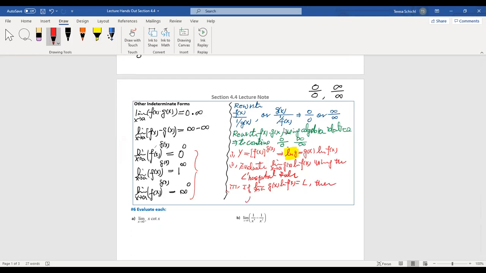The limit as x approaches a of f of x to the g of x, because you took the natural log to get L, will be e to the L. You need to exponentiate back.